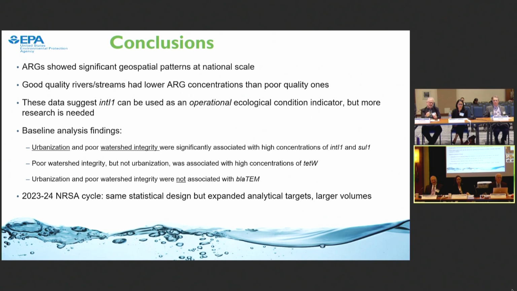We know other information about that watershed, the level of urbanization, the level of watershed integrity based on other measurements we do in the functionality of those watersheds. So we can see linkage of the levels to these other indicators within the watershed. So this formed the basis for really working with FDA on building that study into the ongoing NARMS program in 23 and 24. So next slide.